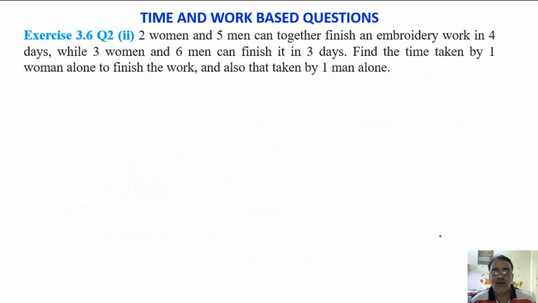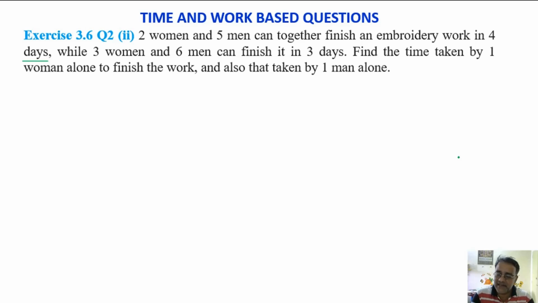No, sir. Okay, now the next category, time and work based questions. 2 women and 5 men can together finish an embroidery work in 4 days, while 3 women and 6 men can finish it in 3 days. Find the time taken by one woman alone to finish the work and also that taken by one man alone.